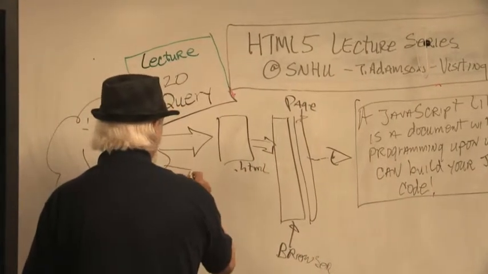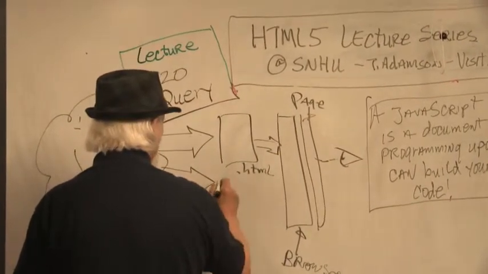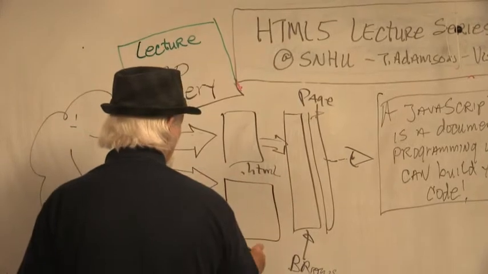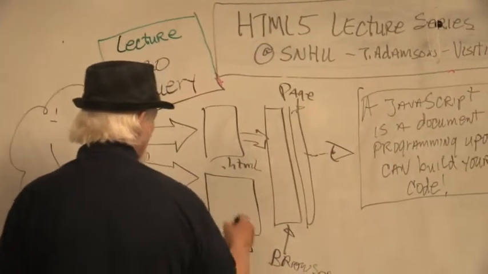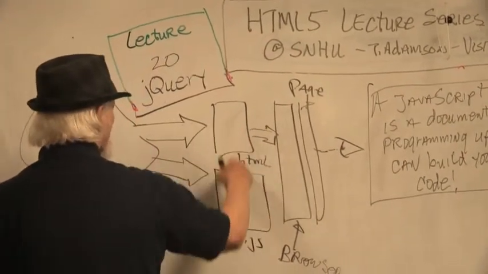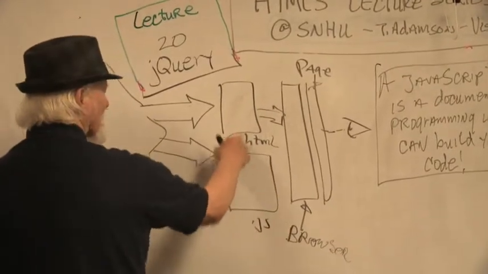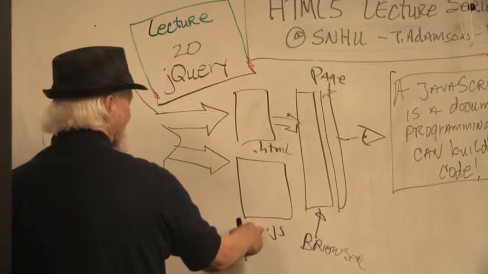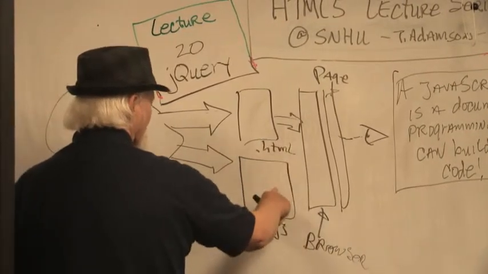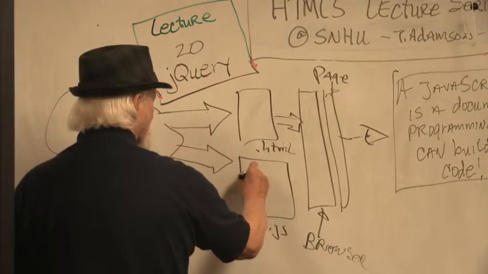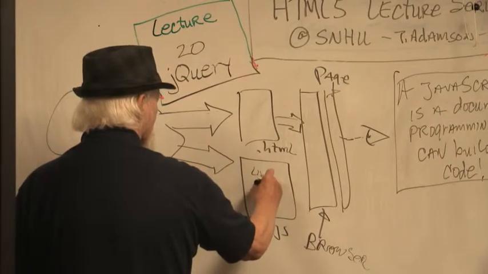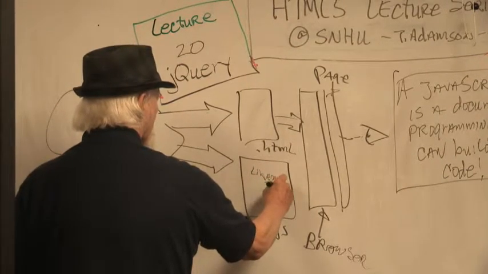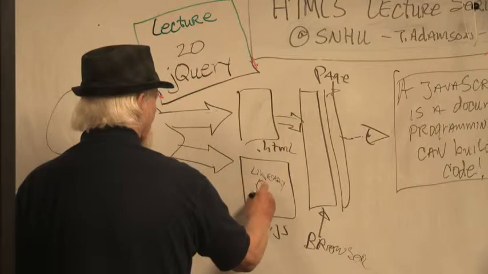The other document that's coming in can be a JavaScript library, .js. It'll have the extension .js. Both of these documents are nothing more than pure text. The thing that's different is their extensions. This document here is the library, say my jQuery library.